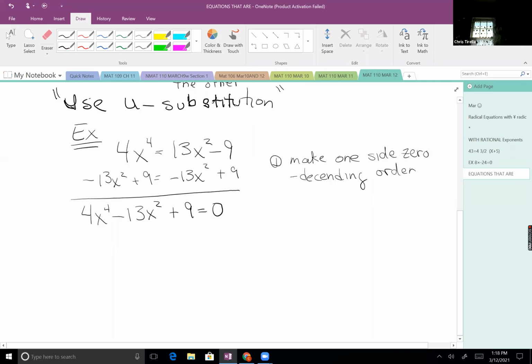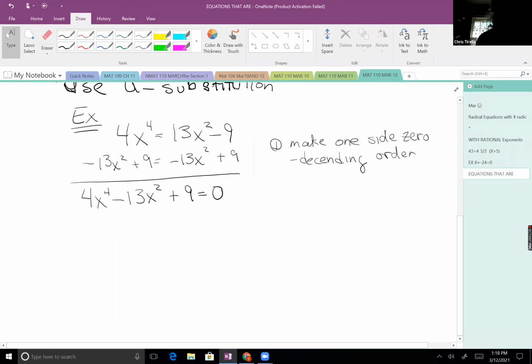And now, does it fit that pattern? One side 0, I'm in descending order, I have a constant term, and over here, do you see how one exponent is double the other?